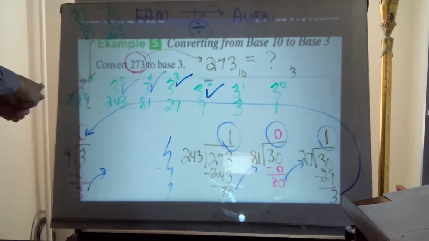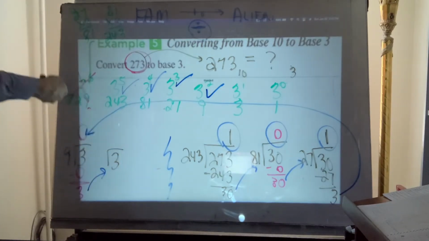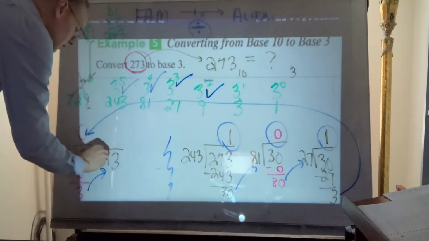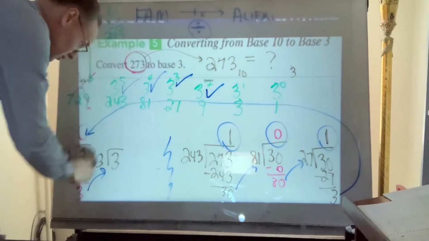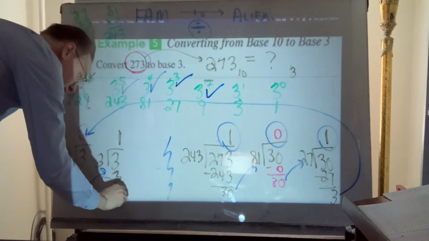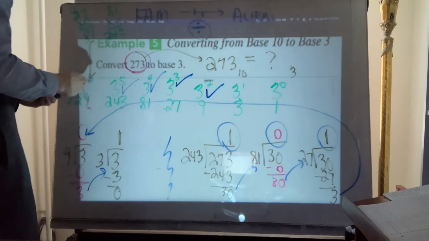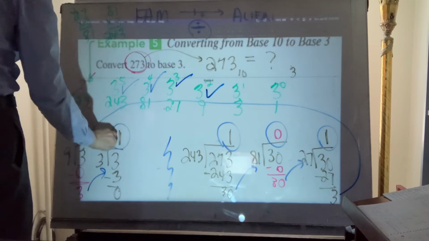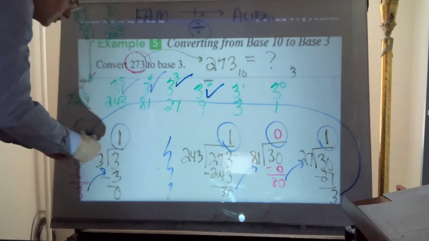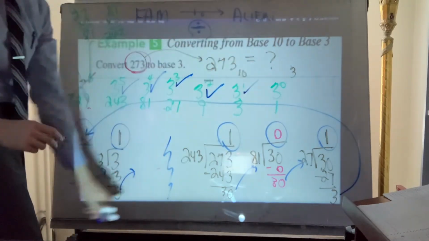So, now you have 3 divided by something that would work technically itself. How many 3's can you squeeze into 3? Exactly 1, which is 3. And the difference is 0. And you circle this and this because they're going to be part of your answer. And you continue until always the last position value.